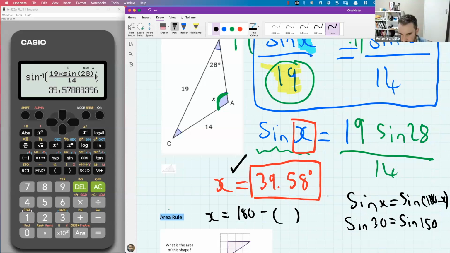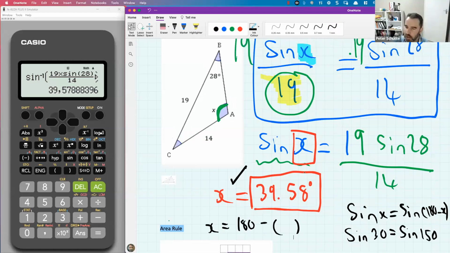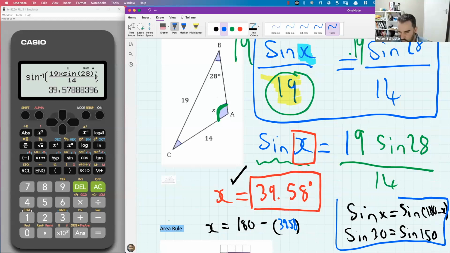I didn't show you this in the previous lesson because I thought it might be a bit too much, but all you need to worry about is if you get an acute angle from this equation and the angle clearly looks obtuse, all you need to do is go 180 minus the angle that you found. There's only two possible options. This happens because the sine of an angle in quadrant 1 is the same as the sine of an angle in quadrant 2.